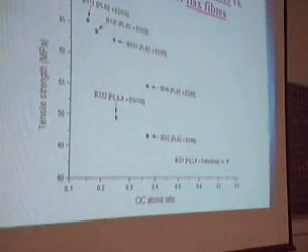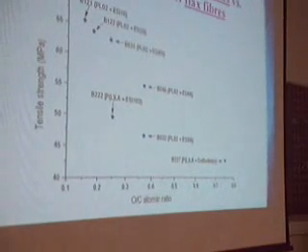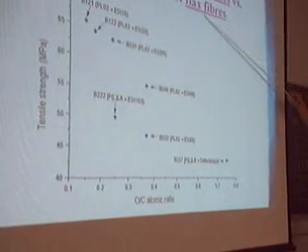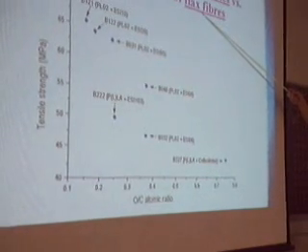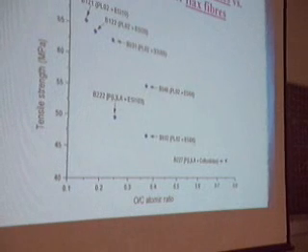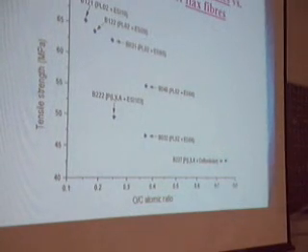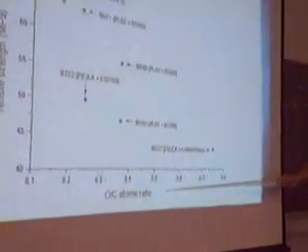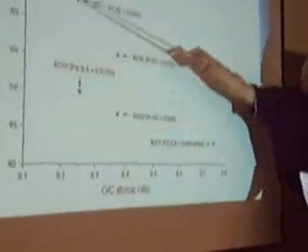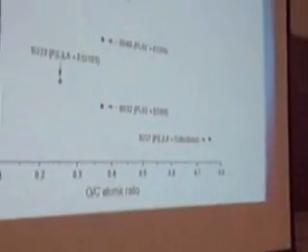What I just want to demonstrate is that when we make composites out of these fibers, we have these fibers as a reinforcing component in a polymer composite. The polymer in this case was polylactide. So as a function of chemistry, we get completely different mechanical properties.